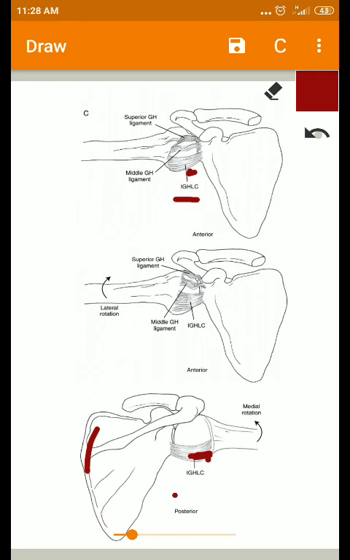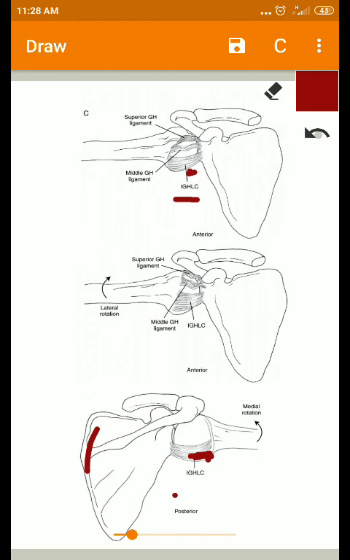So it does not translate more on the posterior aspect. This is limiting the posterior head translation.